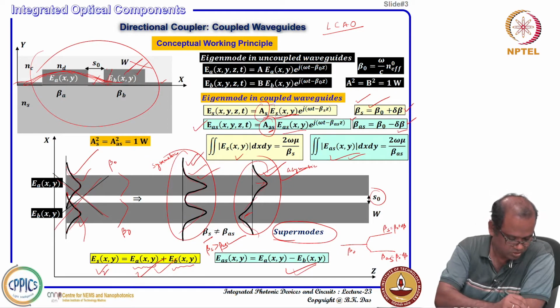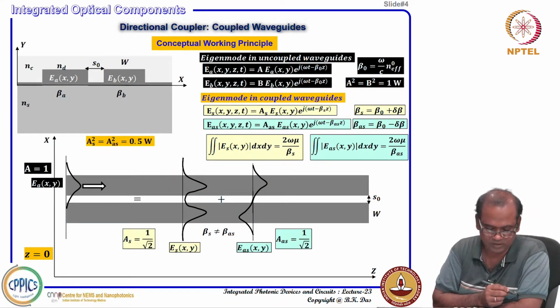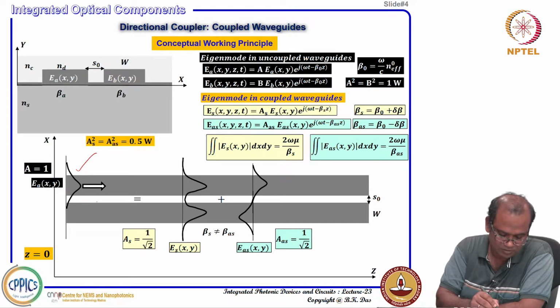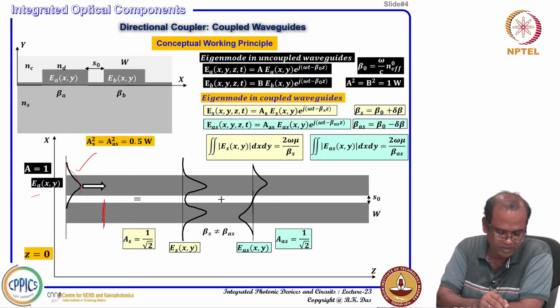Good. Now take the help of this cartoon. Suppose the waveguide starts from here, with a second waveguide B. You are launching a mode in the first waveguide A, suppose 1 watt of power, A square equal to 1 watt.